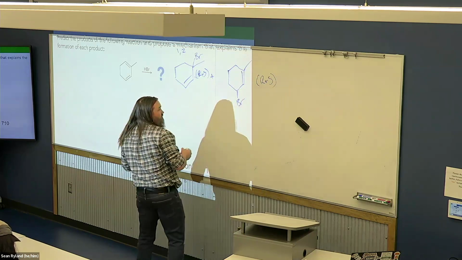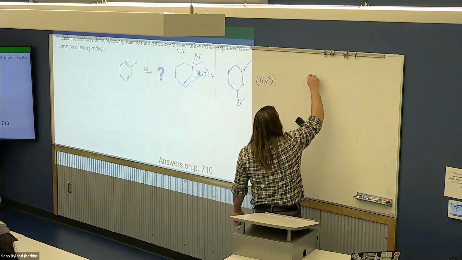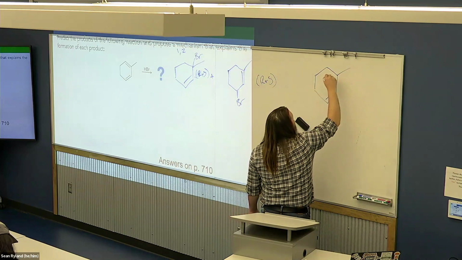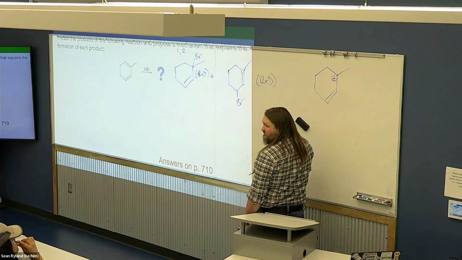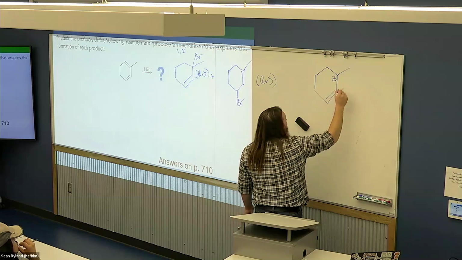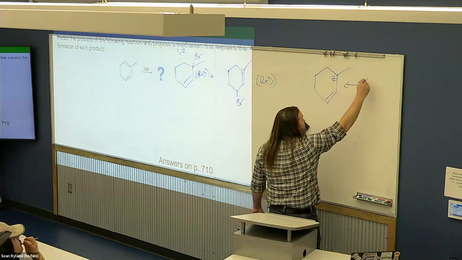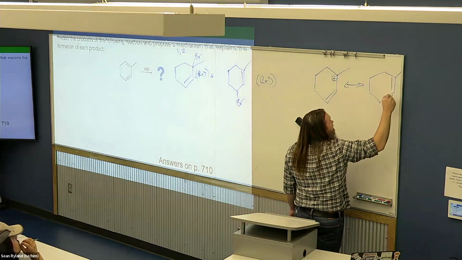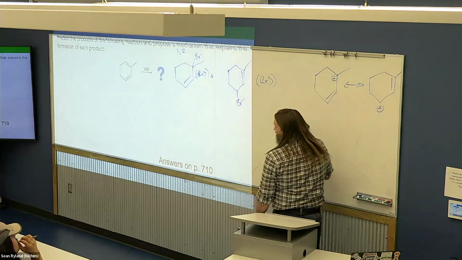All right, so those would be the ones that went through the intermediate that looks like this, and its corresponding resonance structure, which is going to look like this.